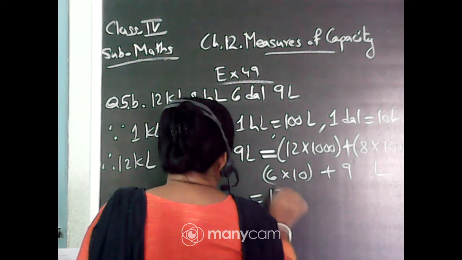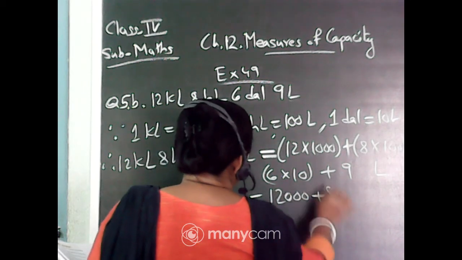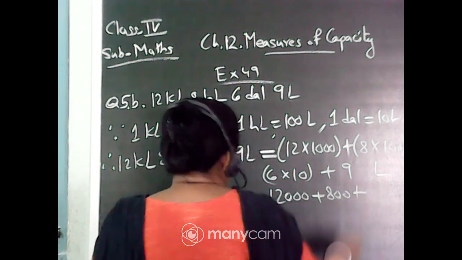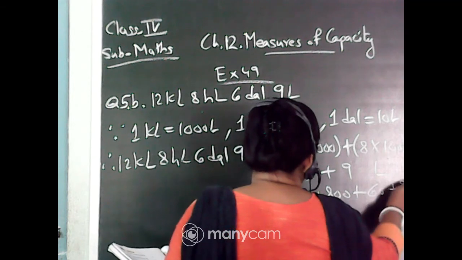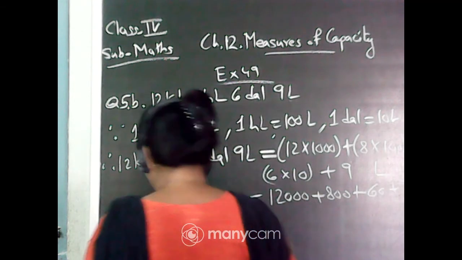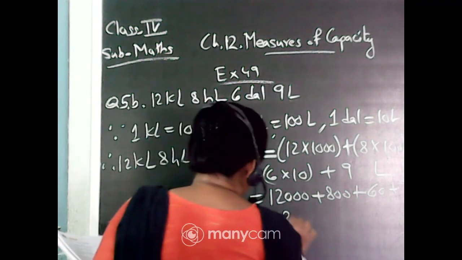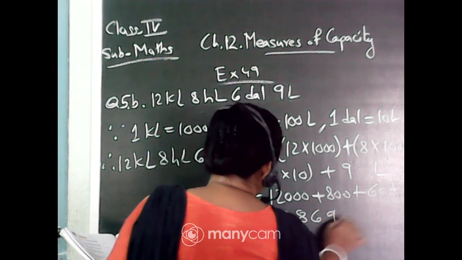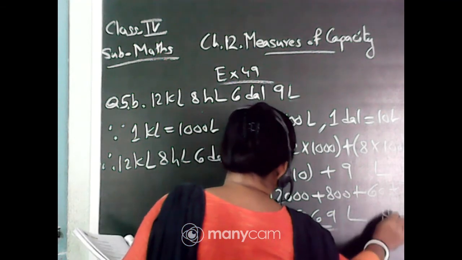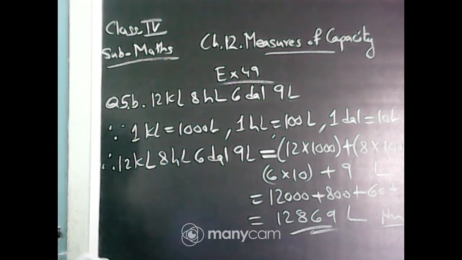So this will be 12,000 plus 800 plus 60 plus 9 liters. So the answer you are getting is, yes, 12,869 liters. Now quickly solve number C.